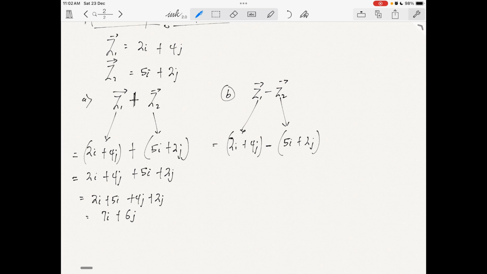Now we can open up the brackets with the negative, so we have minus 5I and minus 2J. Now let's bring the I together and the J together. 2I minus 5I, plus 4J minus 2J. This gives us minus 3I plus 2J.